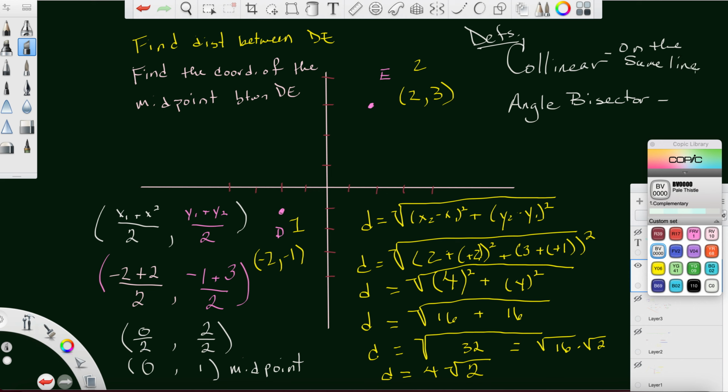And last but certainly not least, angle bisector is a ray that divides an angle into two congruent angles.